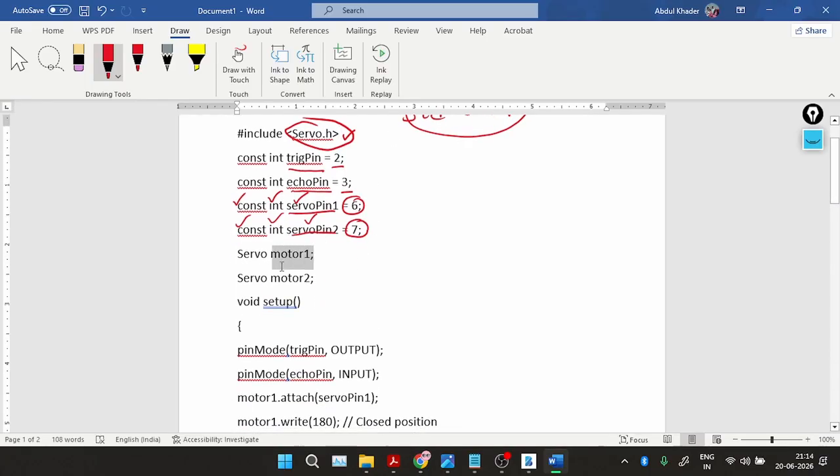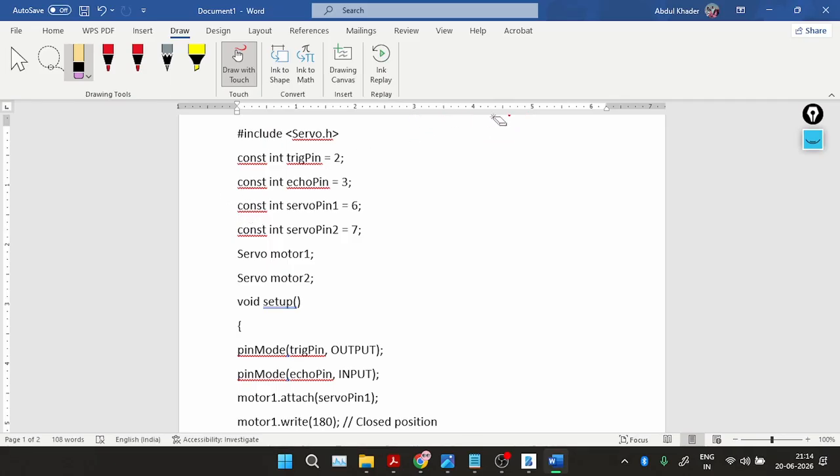And then you have servo motor 1 and servo motor 2. You might ask me, what is servo pin 1, then what is servo motor 1? This servo pin is nothing but the assignment of the pin number.